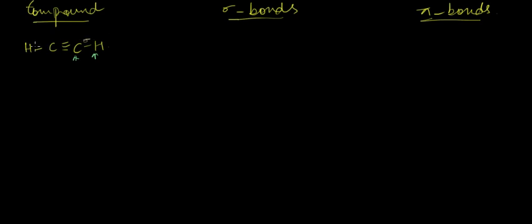Okay. Similarly, the bond between one carbon and another carbon, the first single bond between the carbons, is called a sigma bond. Similarly, the single bond between this carbon and this hydrogen will be a sigma bond. What about the rest two bonds between carbon atom and carbon atom?